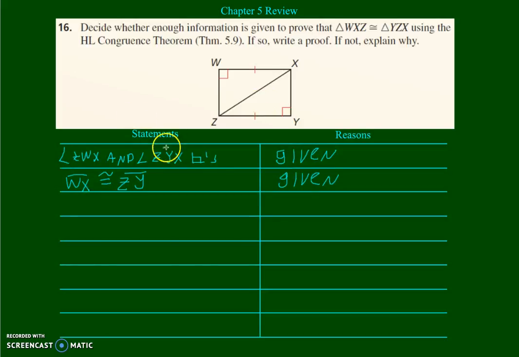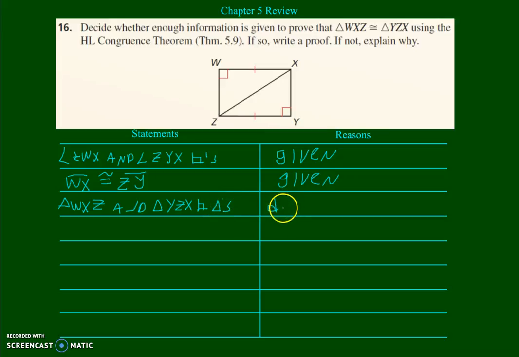Alright, so I've put up a little table and I've gone ahead and written in the given values. So I know that this side is congruent to this, and these two angles are right angles. That means that triangle WXZ and triangle YZX are right triangles.